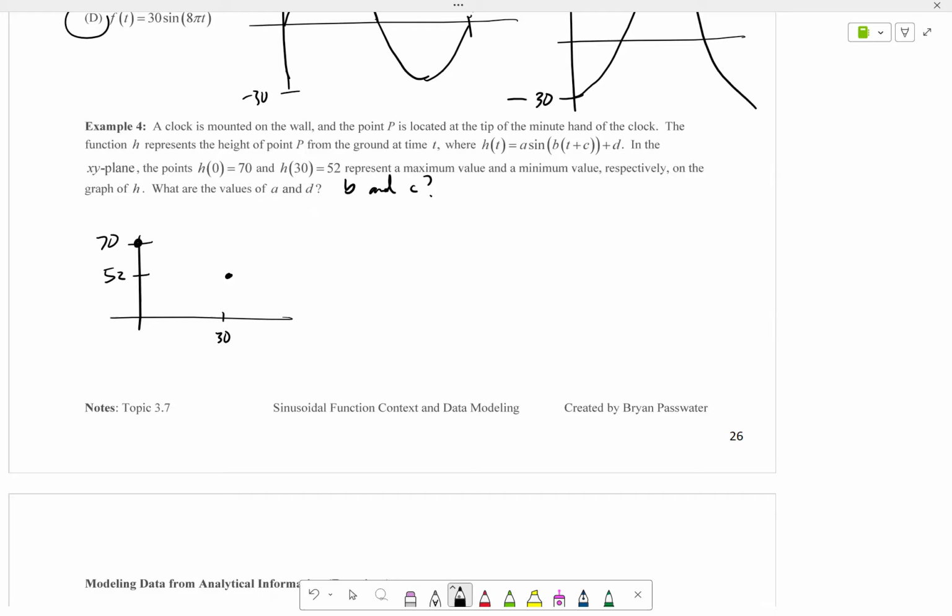I got plus 40. But then you have to make the 9. I got 50 because normally it's zero. But in this case, I'm getting maximum.